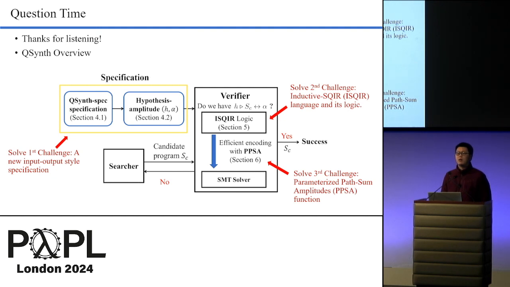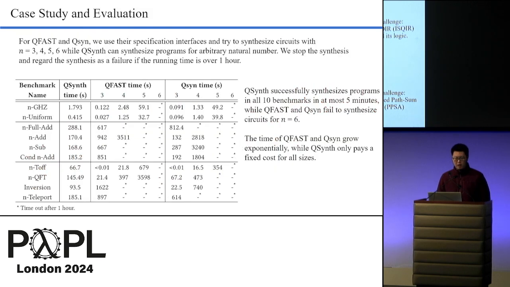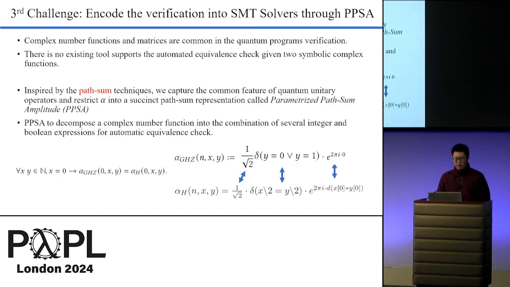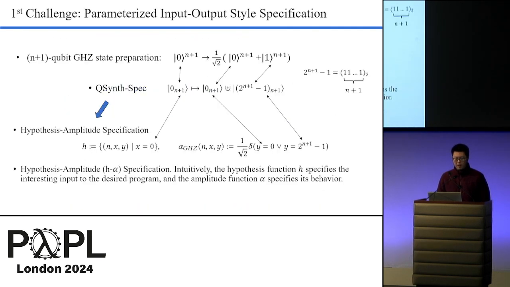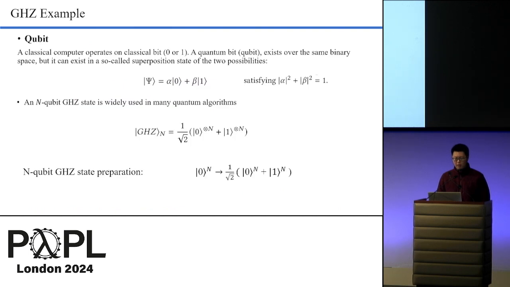Can you specify full path sums as the input to this? Yeah, for a more complex example, the syntax of the QSynth spec includes sum expressions.